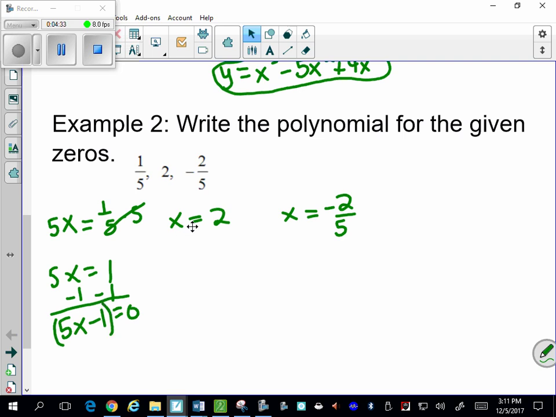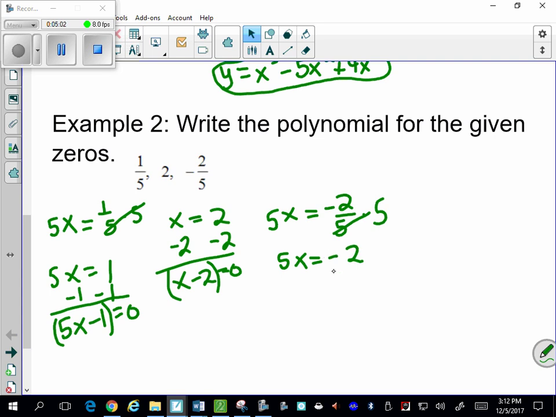And x equals 2, to make that equal 0, the easiest way is just subtract 2. There's another factor, so x minus 2 is a factor. And the last one, again it's a fraction, so I multiply by the denominator, by 5. Negative 2, and we're going to add 2, the opposite.